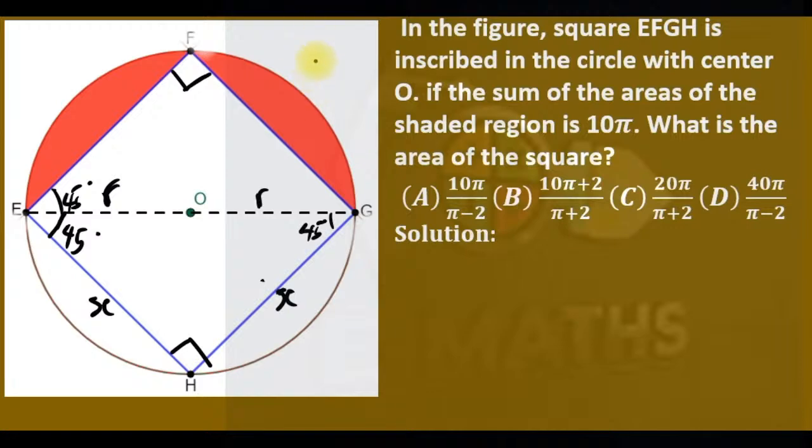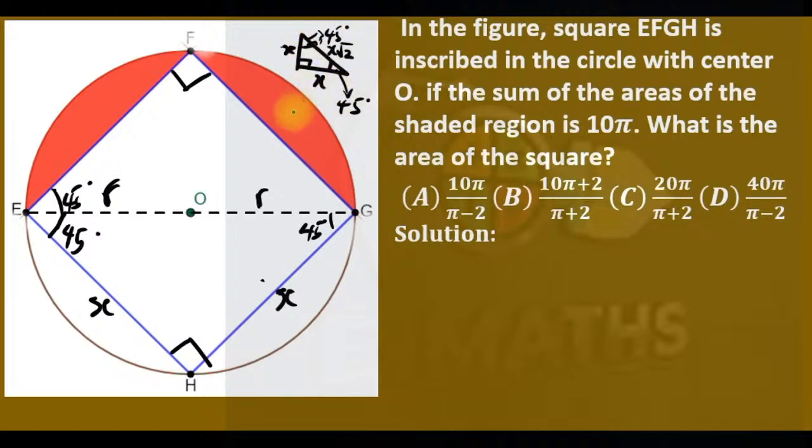From our 45 45 90 triangle theorem, it states that if you have a triangle whose angles are 45, this is 45 degrees, this is also 45, then the hypotenuse is just x times root 2.